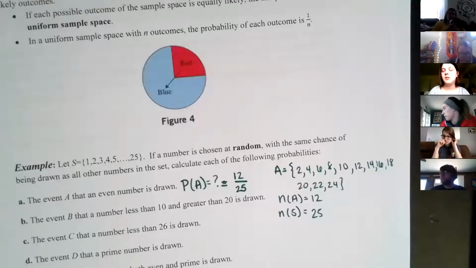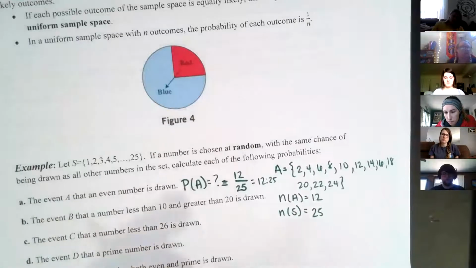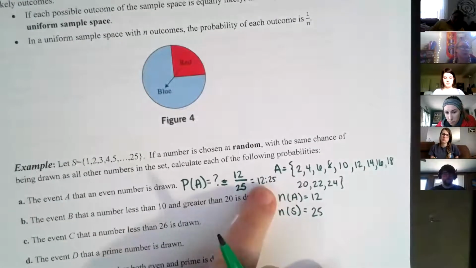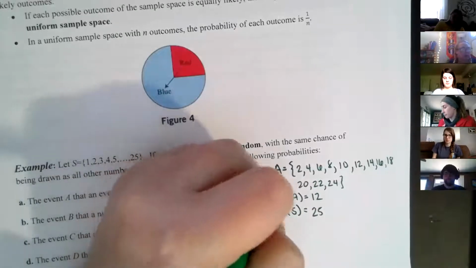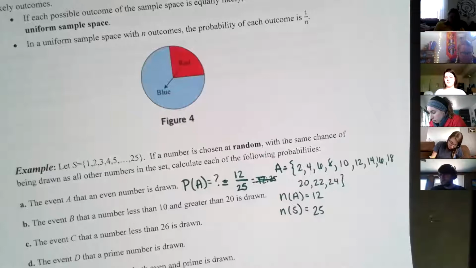Technically, when we talked about ratios, you could do 12:25, but this will get confusing when we start talking about odds. So you would want to keep it as 12 out of 25, or as the decimal notation, or the percent notation. I'm going to see what the book likes to do. I think fractions are what they like to do. Yeah, they keep it as fractions.